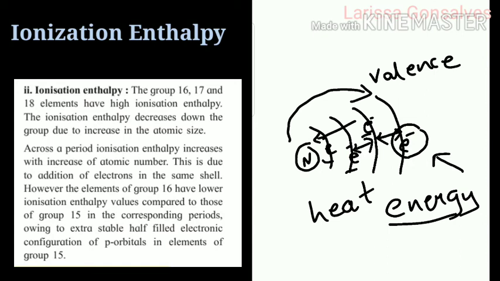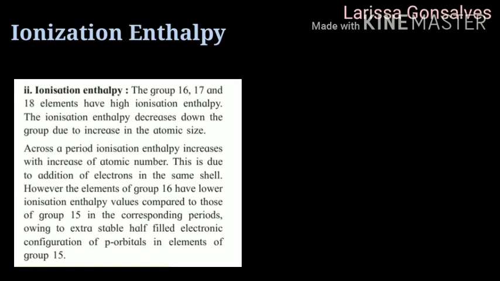If I am removing this particular electron from here, then it is going to get a positive charge and it is going to get converted into an ionic form, right? Hence it is called ionization enthalpy. So it is the amount of energy that is required to remove the electron from the valence shell. The group 16, 17 and 18 elements have high ionization enthalpy. The ionization enthalpy decreases down the group due to increase in the atomic size.